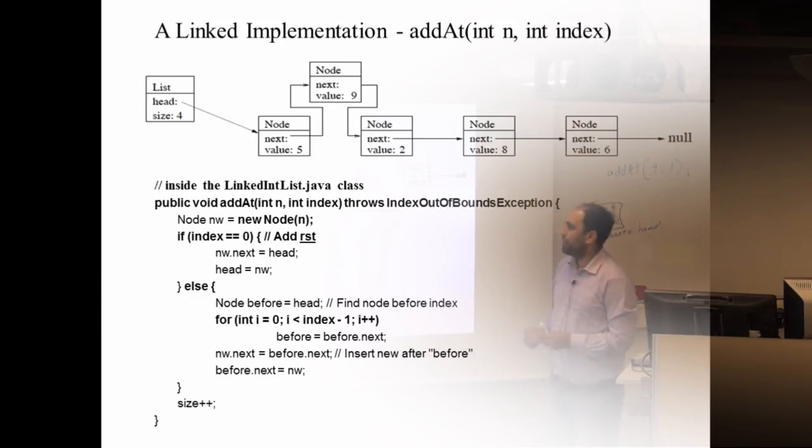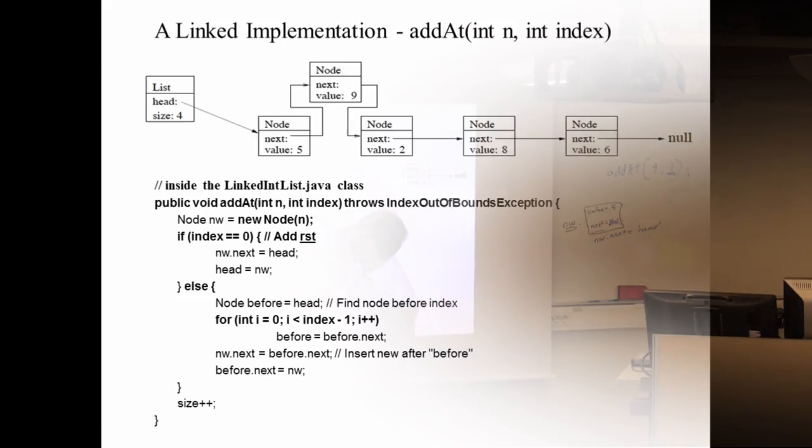However, if index is not equal to 0, because in this case index is 1, this condition will be false. We go to the else part, and in the else part we need to find the before node. We can find the before node using the same integer index loop. In this case, we don't want to find the index, but the node before the index, so we use index minus 1.